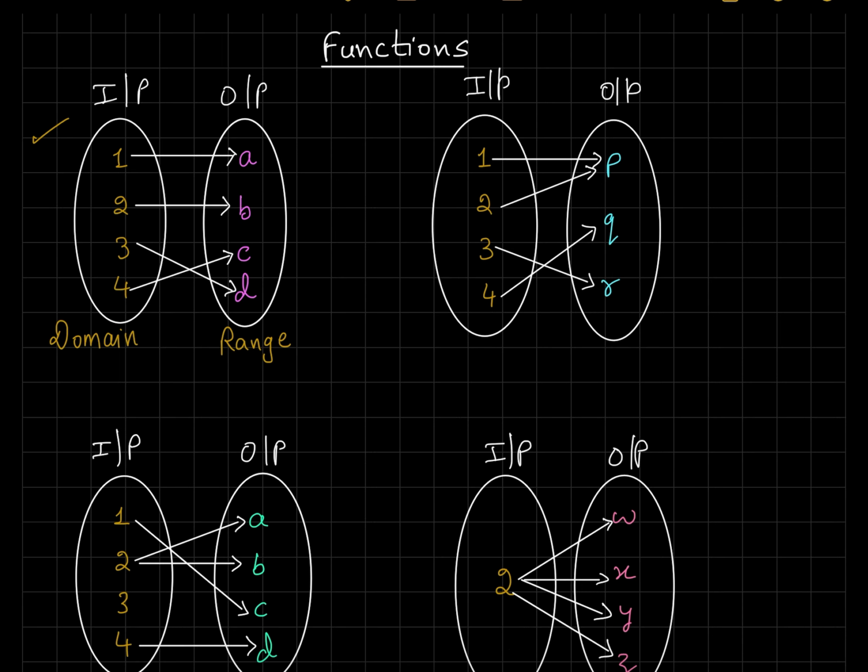If I input 1 in the machine, it will give me just one output, which is a. Same way, if I give 2 as the input, it will give me B as the output.